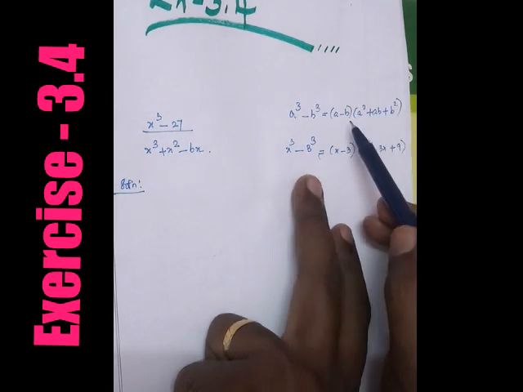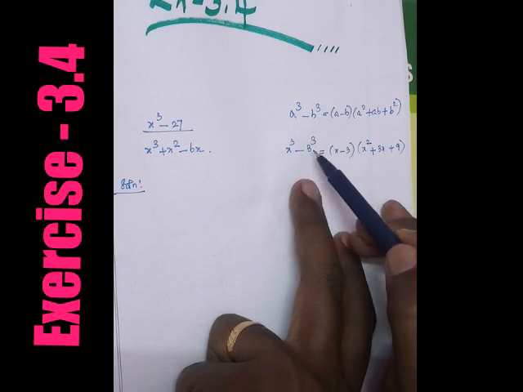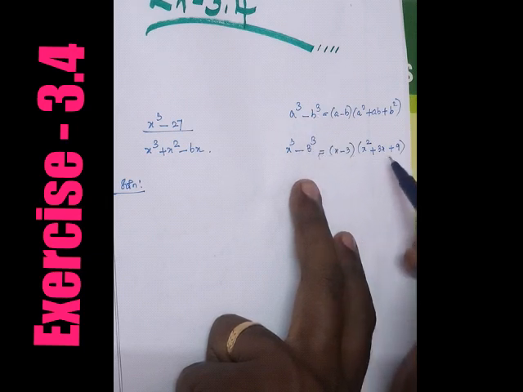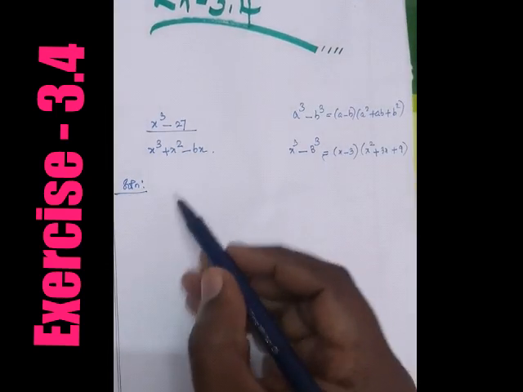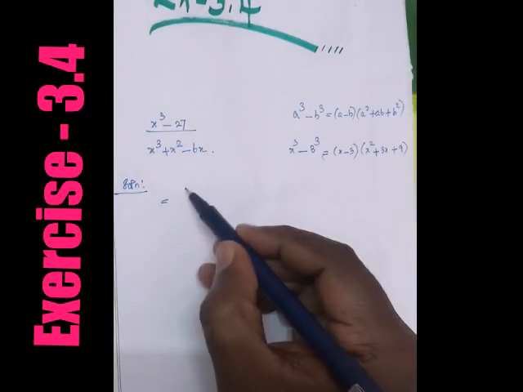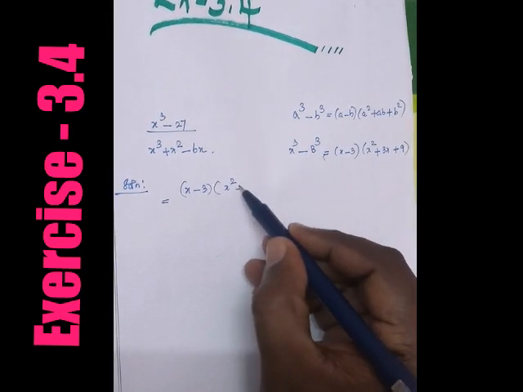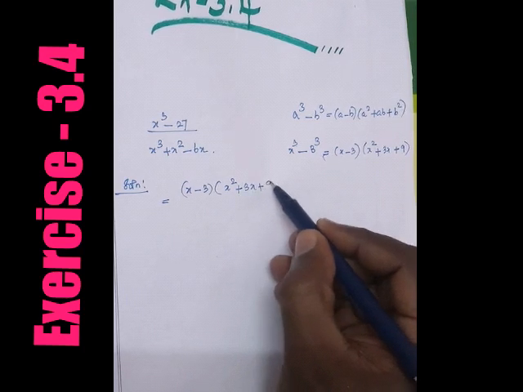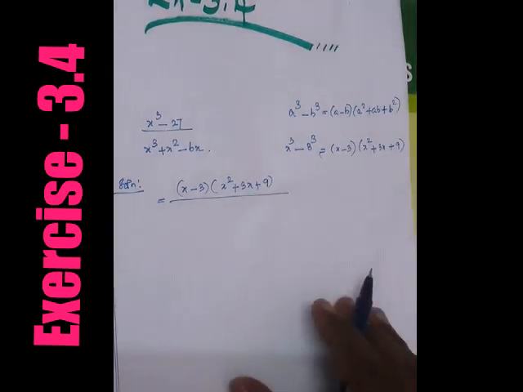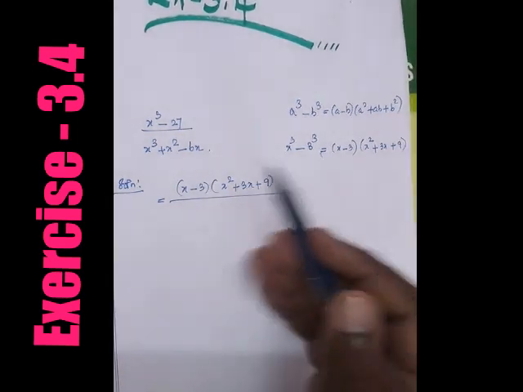I substituted x instead of a, and 3 instead of b. So x minus 3 into x square plus 3x plus 9. Now I am going to replace x cube minus 27 by x minus 3 into x square plus 3x plus 9, whole divided by x cube plus x square minus 6x.